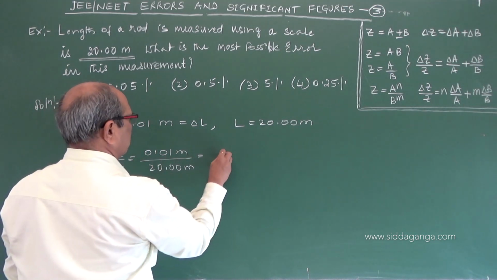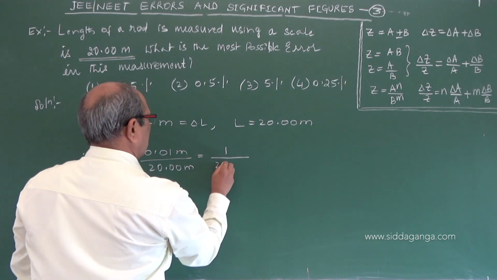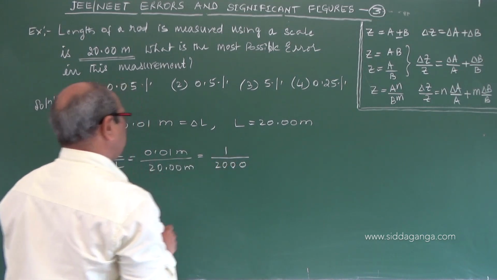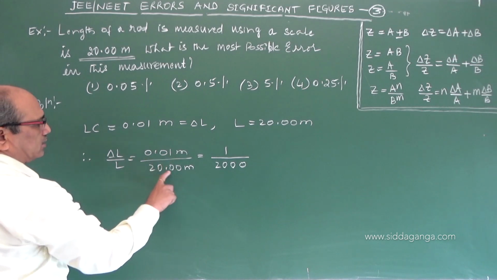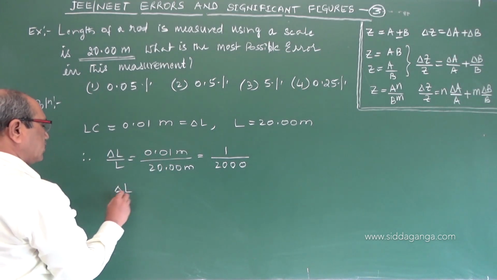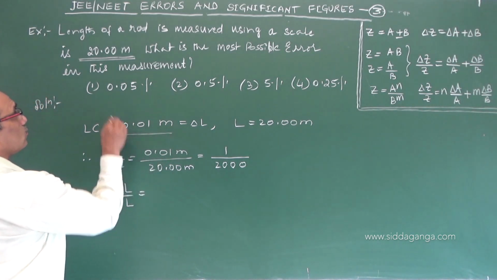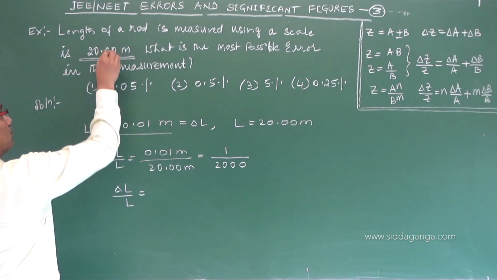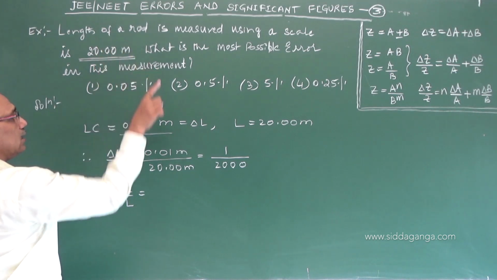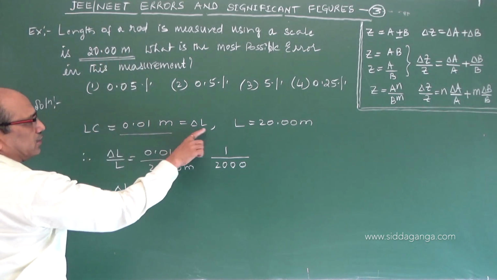Moving the 2 digits, 1 by 2 followed by 2 zeros, 20 followed by 2 zeros, the answer is in percentage error. Here the 2 digits after the decimal point give you the hint of the least count or mean absolute error.